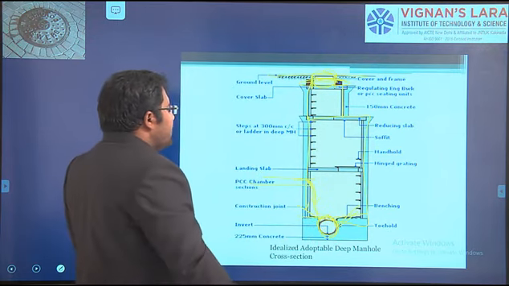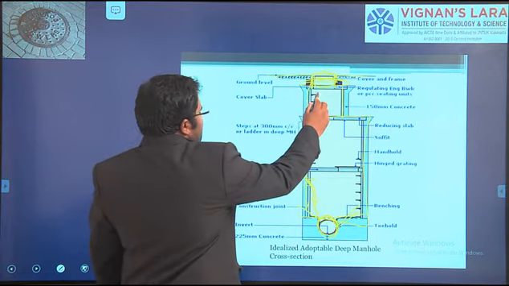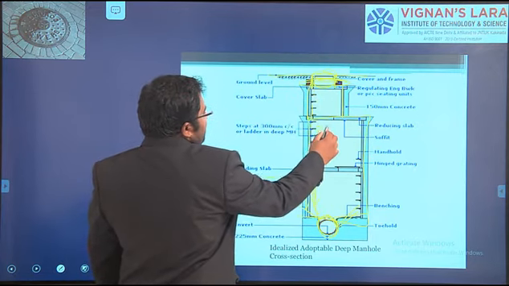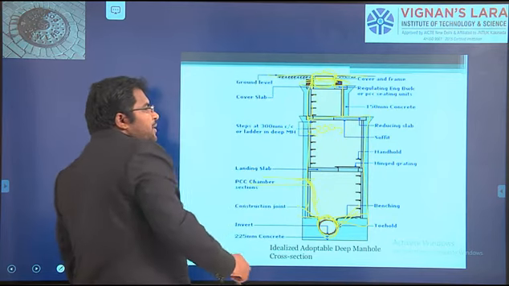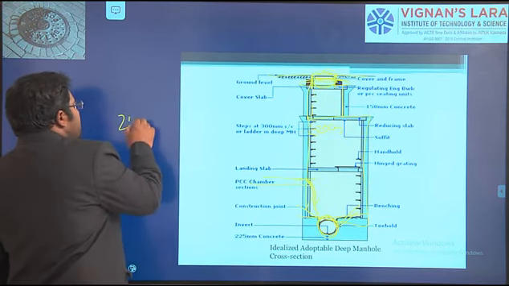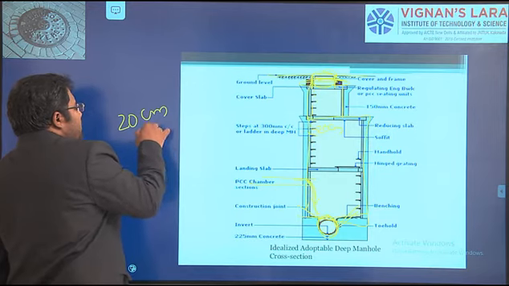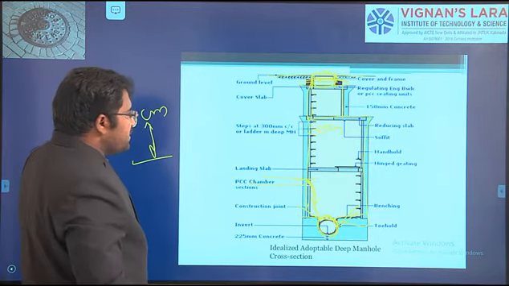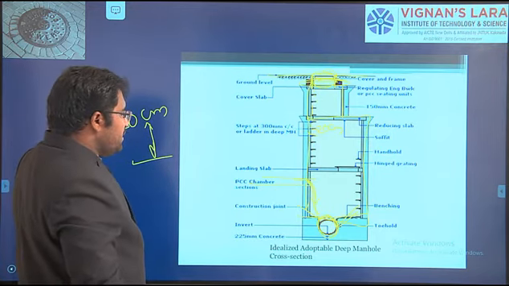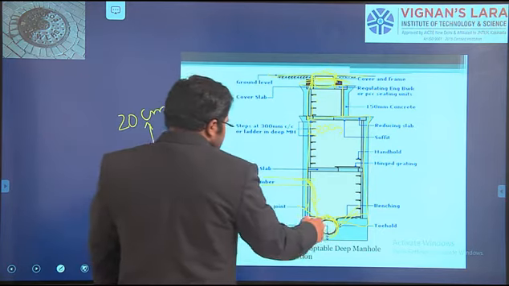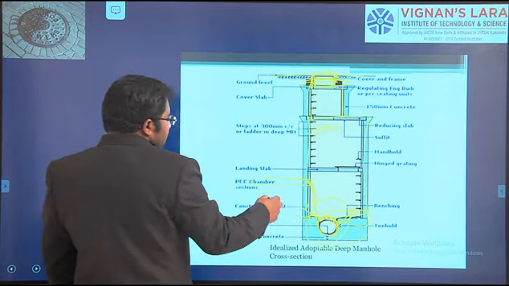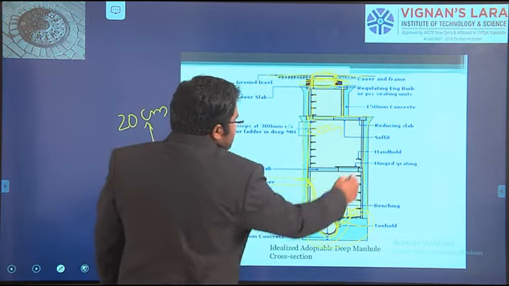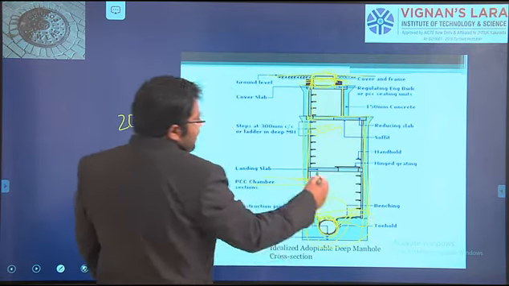To access the inside we have steps, a ladder, with a step difference of 20 centimeters, one step per 20 centimeters. So a man can come down and inspect. This is the invert bottom, and these are the side walls of the manhole.